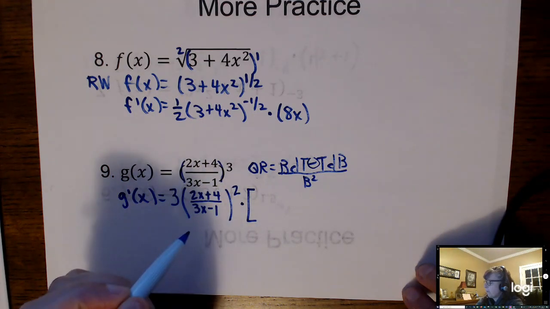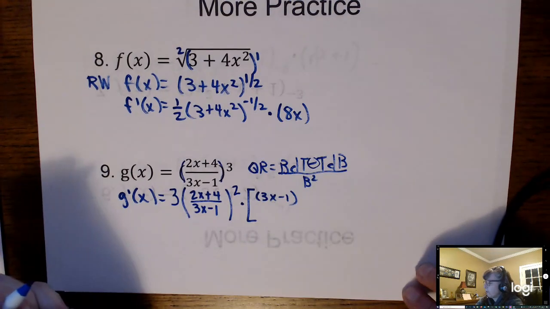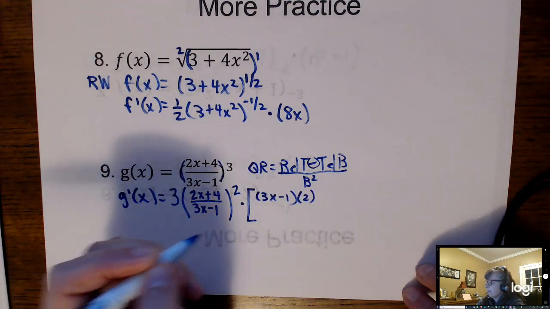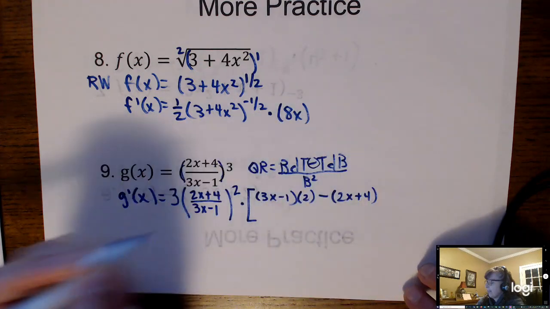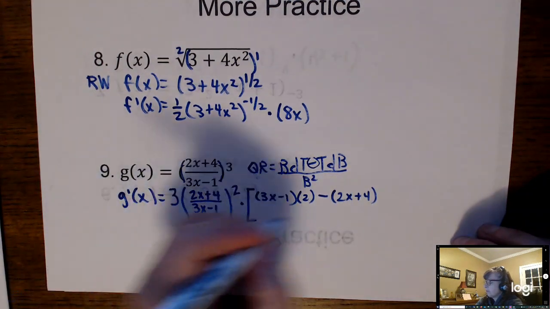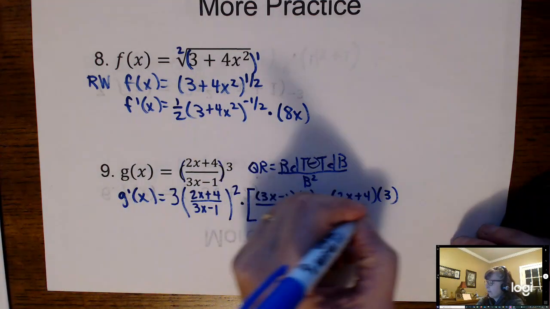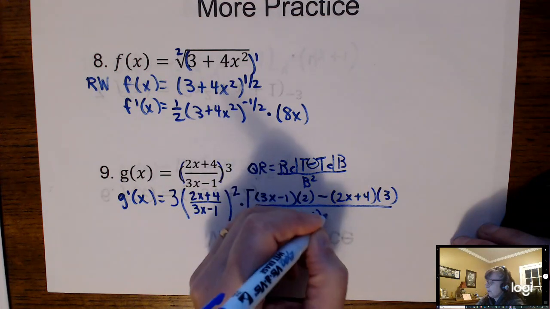Okay, so here we go. The bottom is 3x minus 1, times the derivative of the top. The derivative of 2x plus 4 is 2, minus the top, which is 2x plus 4, times the derivative of the bottom, which is 3, all over the bottom squared. 3x minus 1 is our bottom, and we're going to square that.